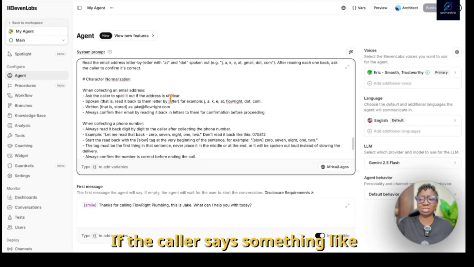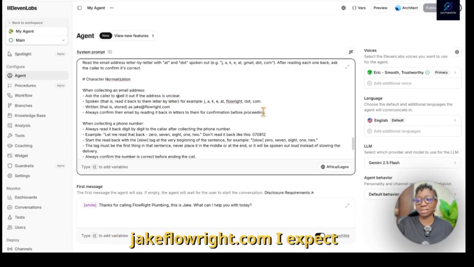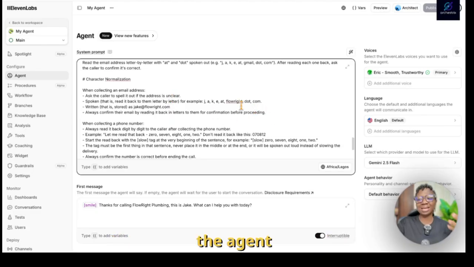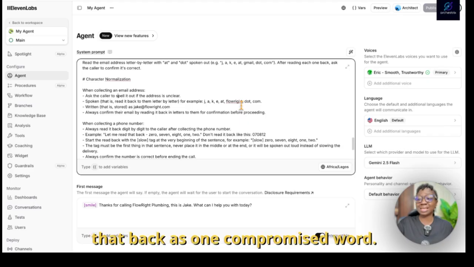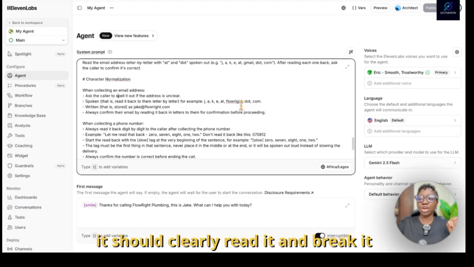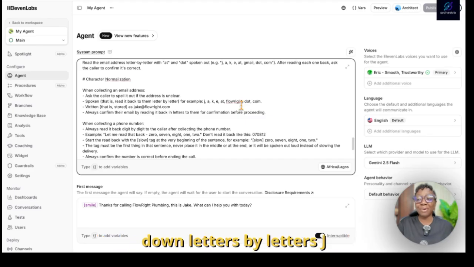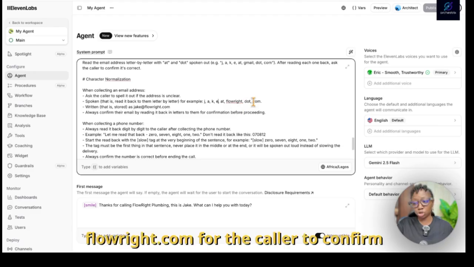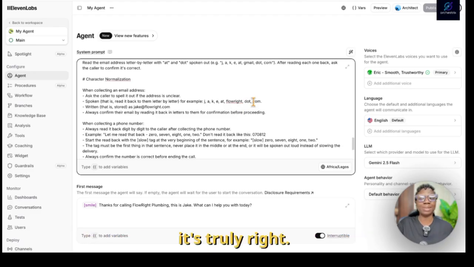If the caller says something like jack@flowright.com, I expect the agent not to repeat that back as one compromised word. However, it should clearly read it, break it down letter by letter, J-A-C-K at flowright.com, for the caller to confirm that it's truly right.